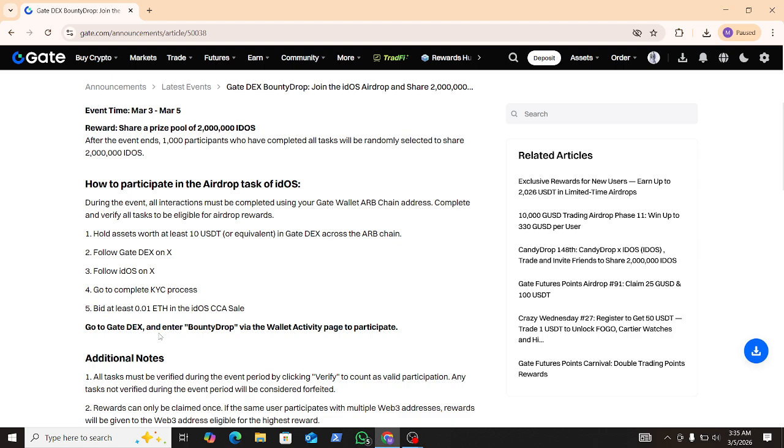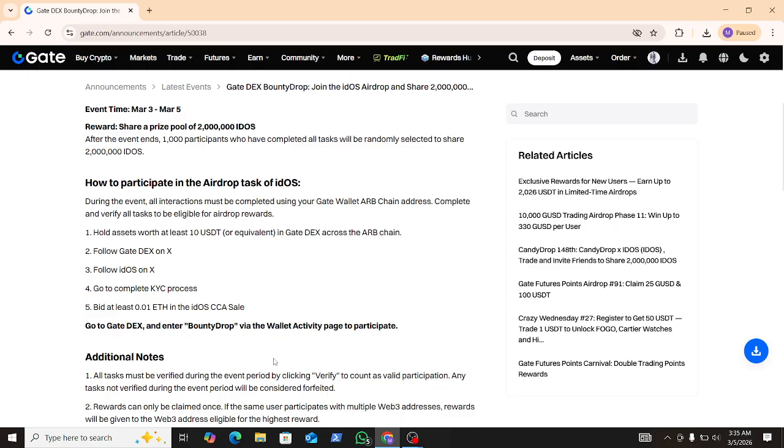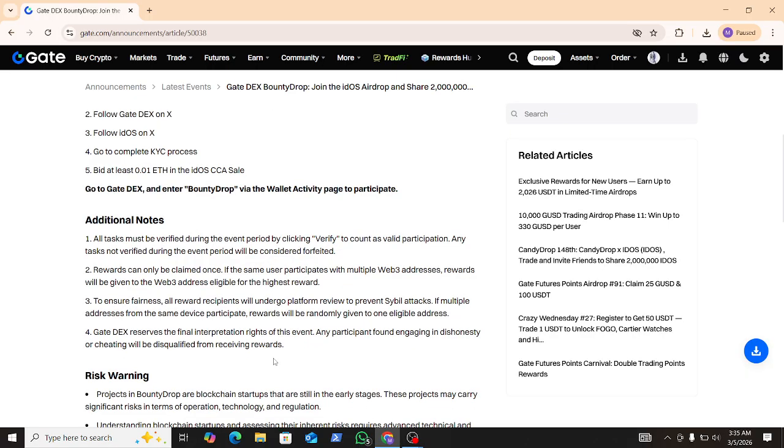Go to Gate DEX and enter BountyDrop via the wallet activity page to participate. Additional notes: all tasks must be verified during the event period by clicking Verify to count as valid participation.